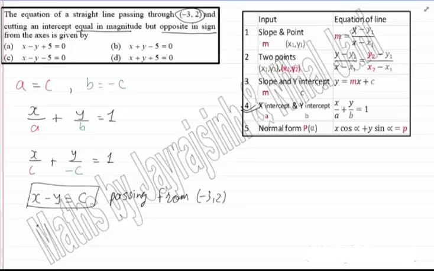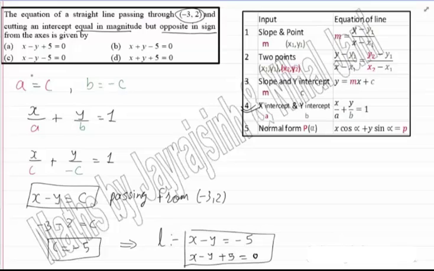Let's put minus 3 instead of x and 2 instead of y. So here we will get c is equal to minus 5. Yippee! From this we can say our required equation of line is x minus y is equal to minus 5, or we can say x minus y plus 5 is equal to 0. Ta-da! Option A is the right answer.